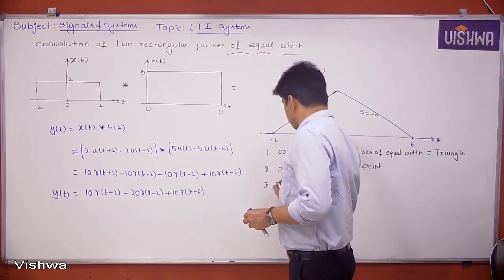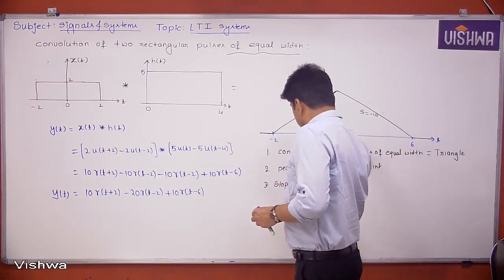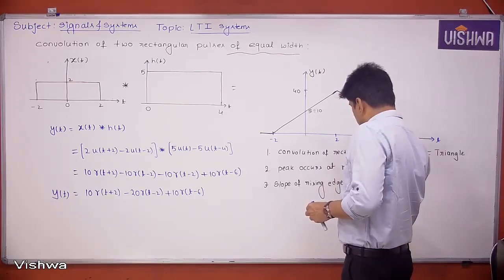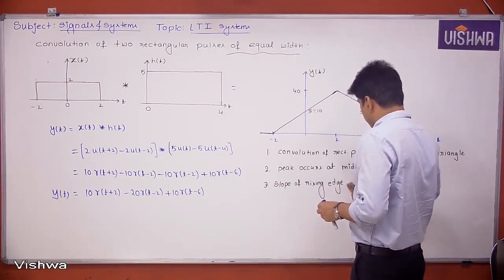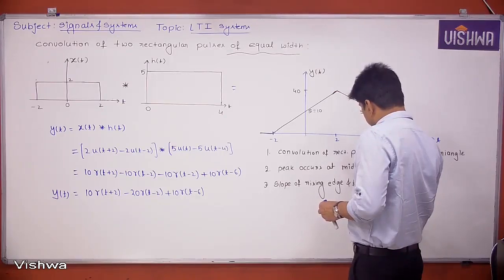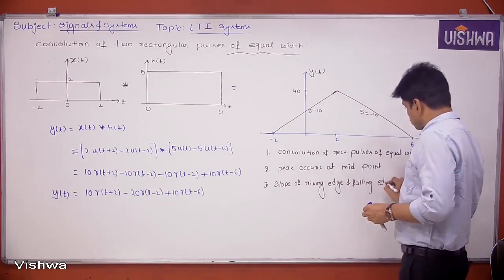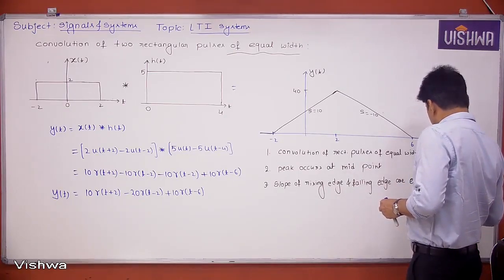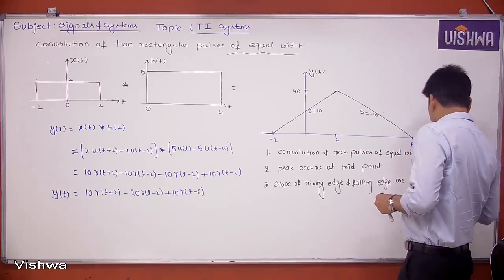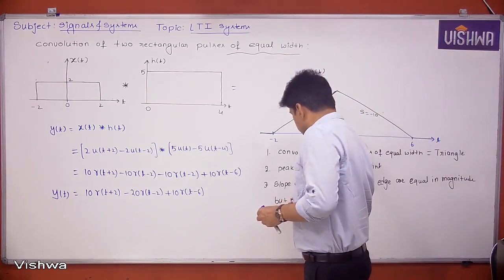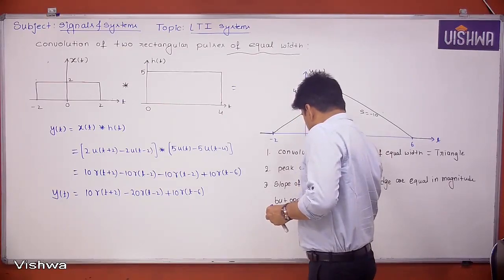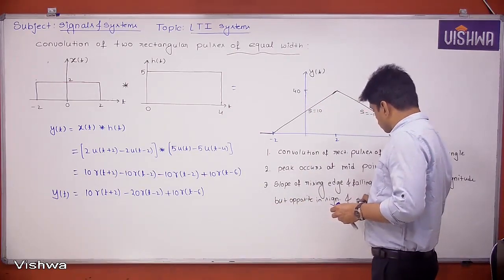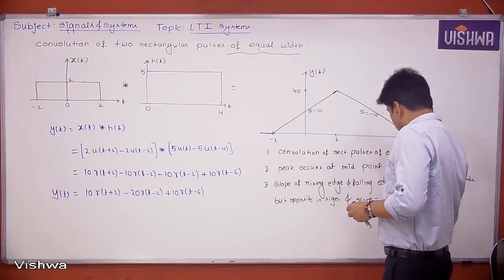Next, third point, the slopes of the rising edge and falling edge are equal in magnitude but opposite in sign, and the slope is equal to the product of amplitudes.